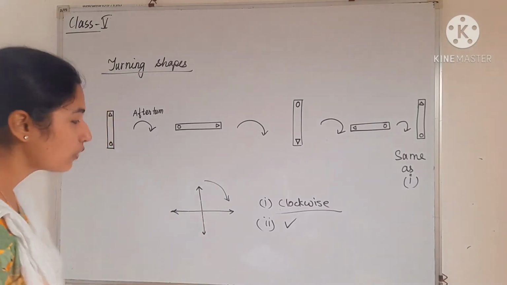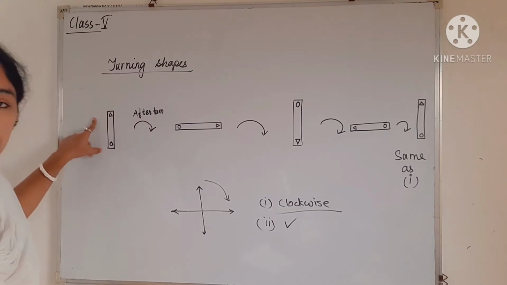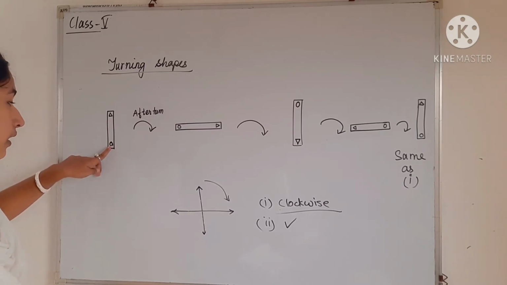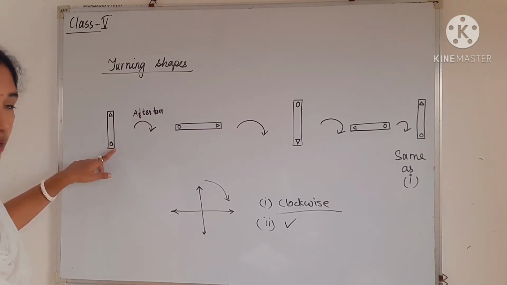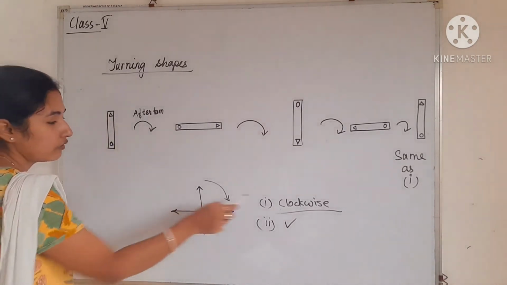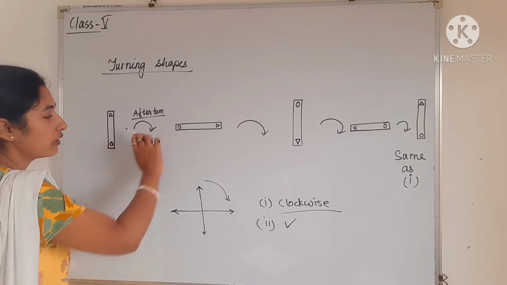So see, I am giving you one example now. This is a rectangle, you can say a rectangular bar. At one side one small triangle is there, and on the other side one small circle is there. So I am turning it. First of all I have to turn in the clockwise direction, this direction. This is after the turn.